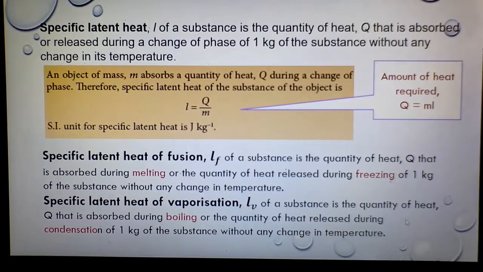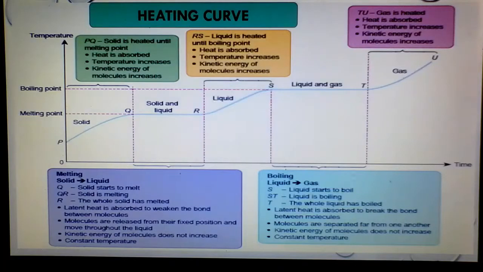Okay, now when we discuss change of phase, last time in 4.2 we discussed heat capacity, you still remember. So now we are going to apply it when we discuss the heating curve. A heating curve is a process where we supply heat, which causes the temperature to increase, and change of phase also occurs. Now look at this one. At point P, the state of matter is solid.